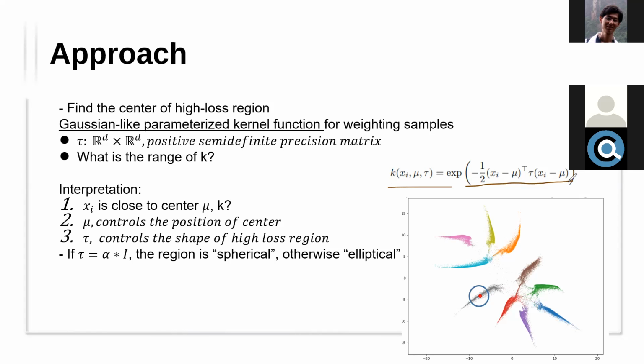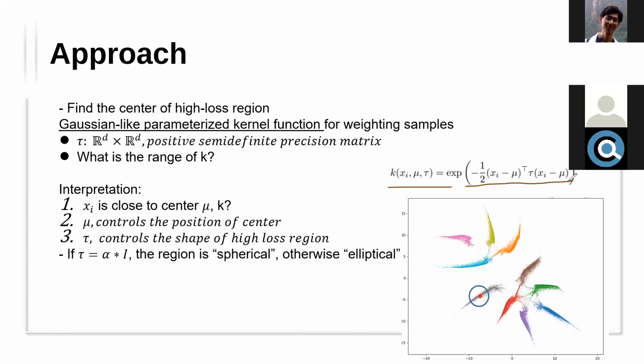The input of this kernel function is xi, which represents any sample in the data set, and mu is the center of the region, and tau defines the shape of the region. So if you are given the high loss region and any sample in the data set, the kernel function would return the weight importance.